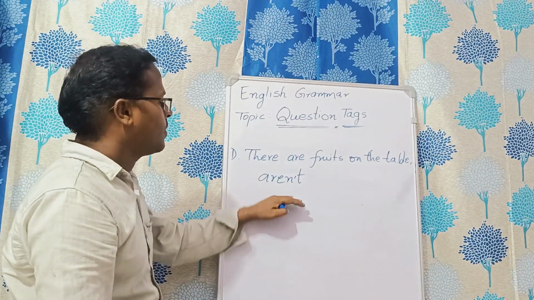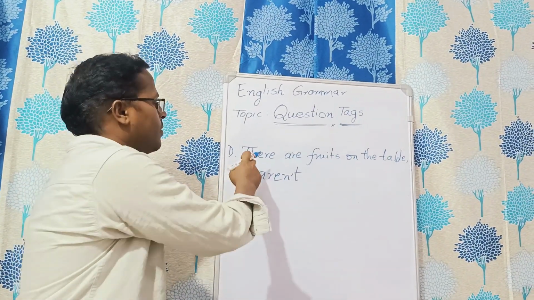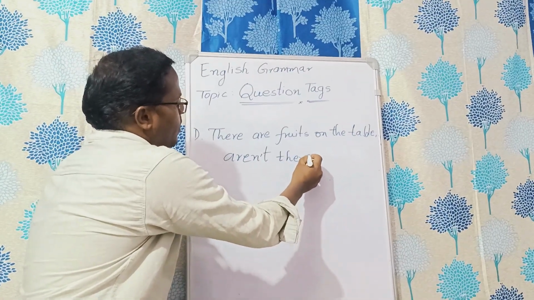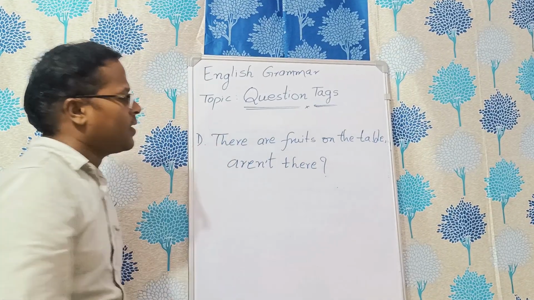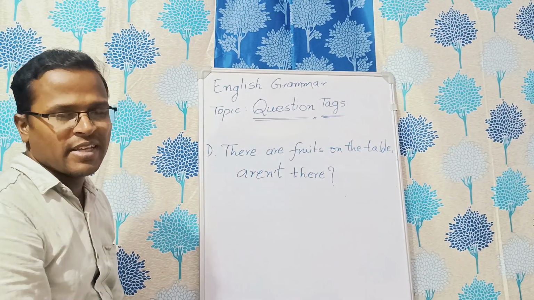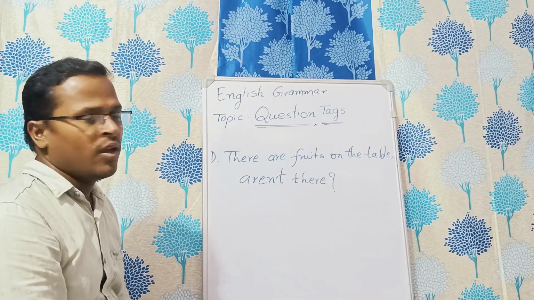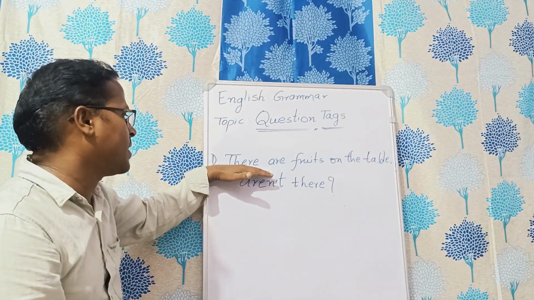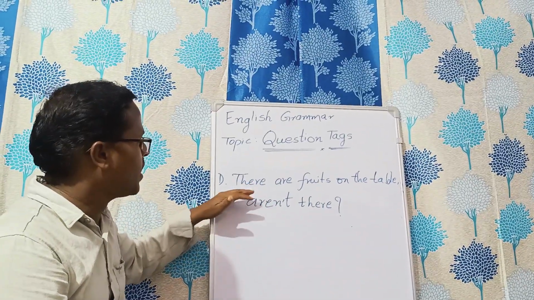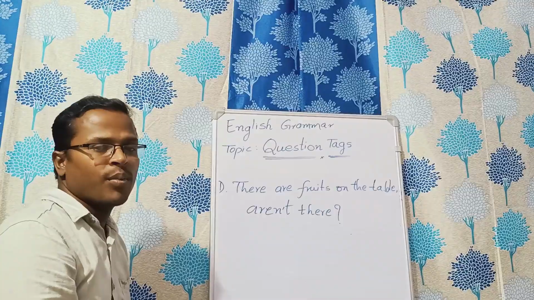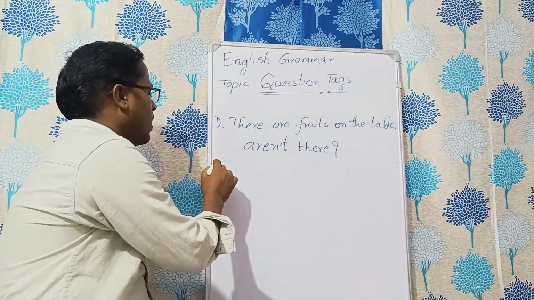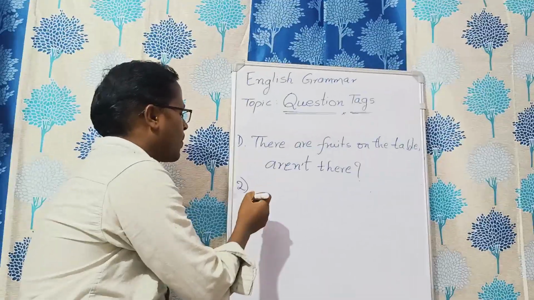You have to make it aren't. And what is the subject? Here you will get there. Aren't there is the question tag. So some exceptions are there. If the beginning of the sentence is there, you have to use the same word as the pronoun.